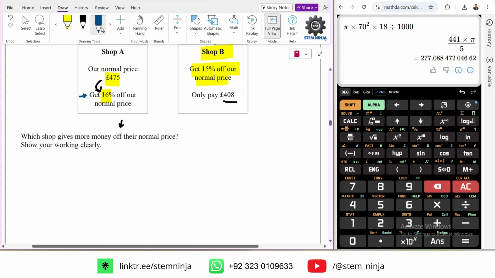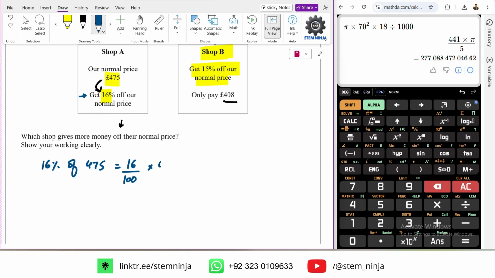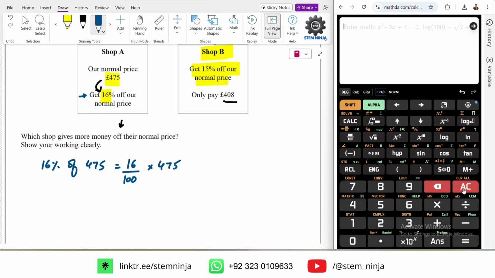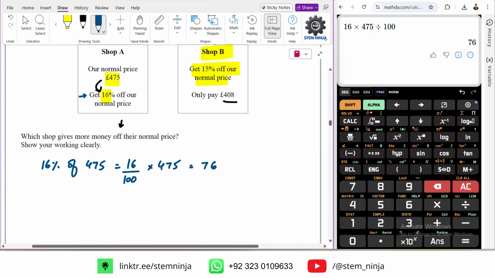So 16% of 475 means 16 over 100 times 475. So this would be 16 times 475 divided by 100. This is 76. This is for A. Now for B, this is 15% times the normal price, but we don't know that actually.